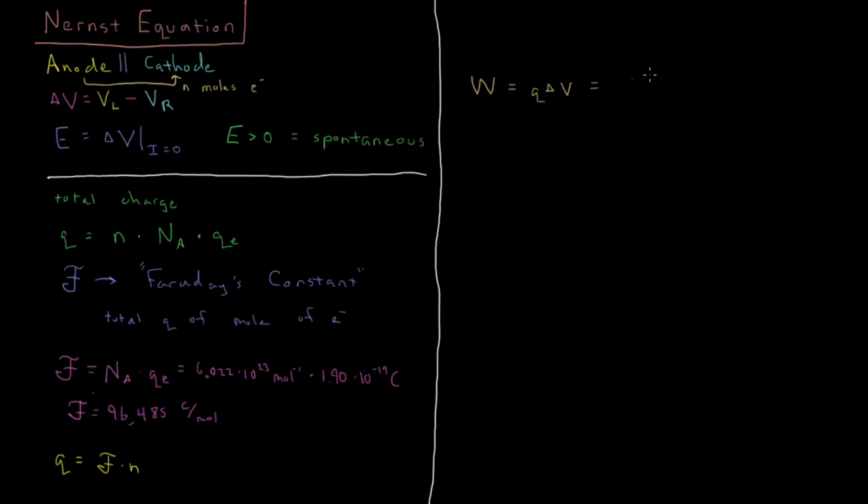As we've seen here, the charge is going to be Faraday's constant times N, and the electric potential, delta V, is going to equal our EMF, E, our electromotive force, which we defined in the previous video. So the total work that gets done is equal to NFE.